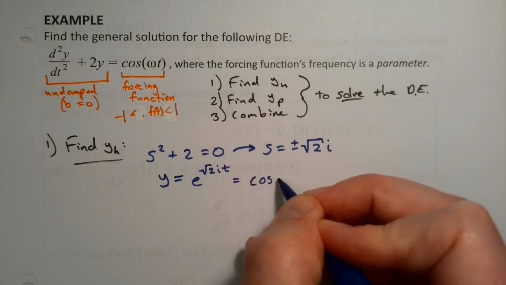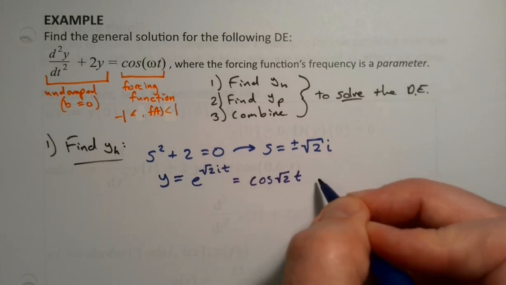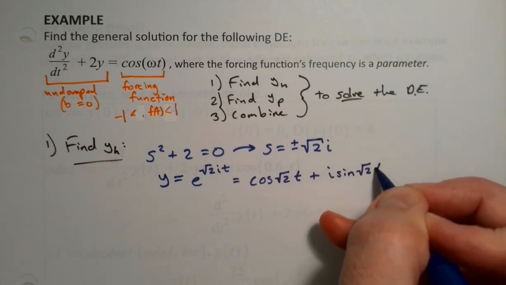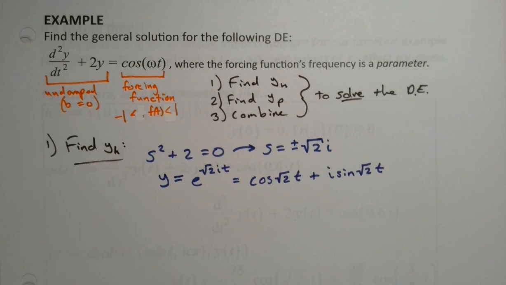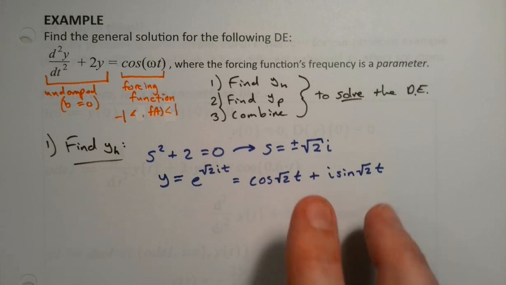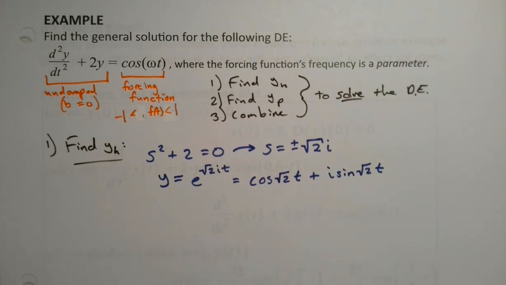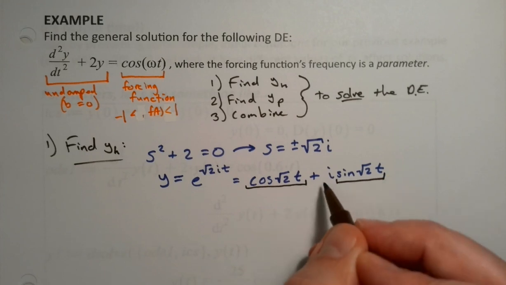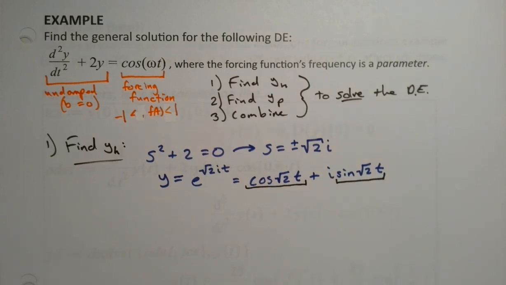That's going to be cosine of root 2t plus i times the sine of root 2t. And the nice thing about this is we've got two parts of our solution, which we can grab onto: there's one part right here, and another part right here. Yeah, it's got the i attached to it, but that's just a constant.